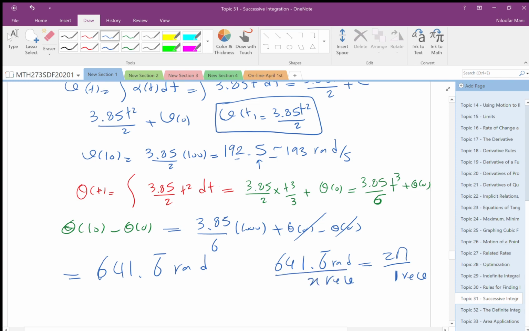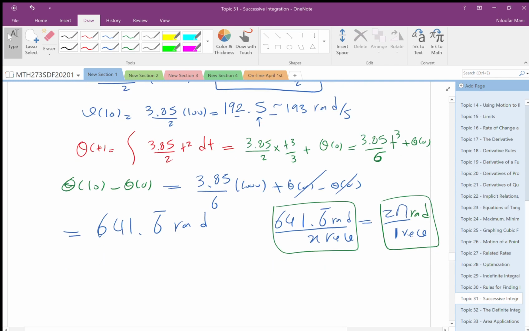This, I'm looking for that. 2 pi radian is 1 revolution. This radian is how many revolutions? I'm finding x. So this is a proportion. Okay, so x is this times this divided by that. So x is 641.64 and so on, divided by 2 pi.